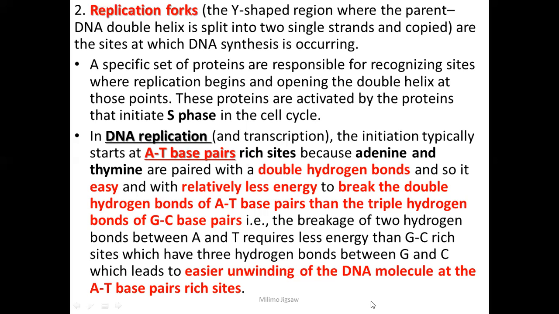So those paired with a double hydrogen bond are very easy to separate, and it will require relatively less energy to break these bonds. Therefore, it is easier to unwind or separate the DNA molecule at the adenine-thymine rich sites. So DNA replication begins at adenine-thymine base pair rich sites. You need to note that.